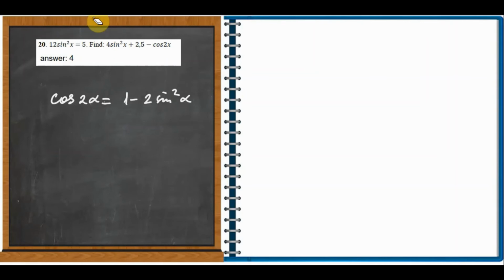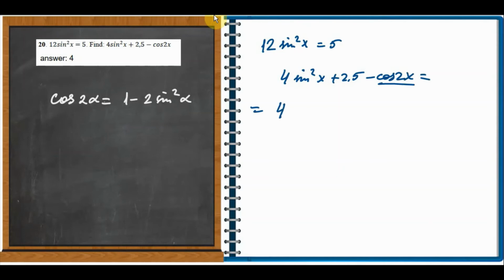Now let's get started. What we are given is 12 sine squared x equals 5. We need to find 4 sine squared x plus 2.5 minus cosine 2x. Now, we know that cosine 2x is 1 minus 2 sine squared x. So let's substitute its expression instead of cosine 2x. 4 sine squared x plus 2.5 minus (1 minus 2 sine squared x).